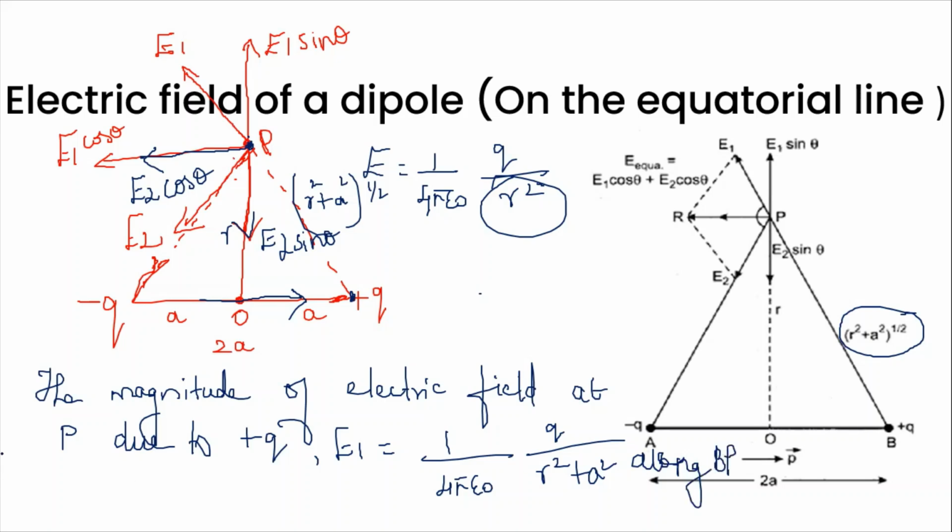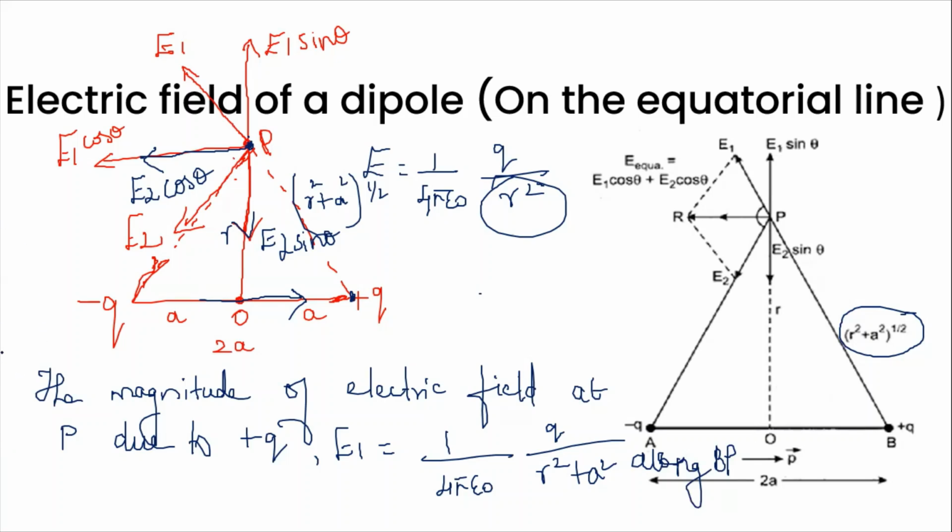The magnitude of electric field at point P due to the plus charge, E1, is 1 by 4 pi epsilon naught Q by r square plus a square. This r square plus a square is the length of the hypotenuse, or the distance from the charge plus Q to the point P. Here we are applying Pythagoras theorem and substituting it in the formula for electric field.